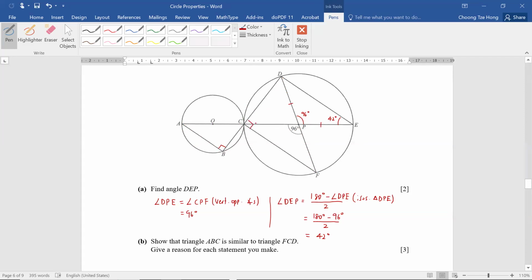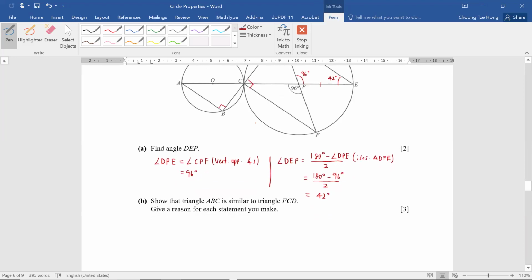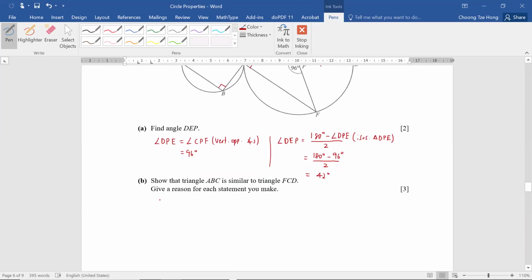We already have one pair of angles, so maybe we can write this down first. Angle ABC equals 90 degrees, because this is the right angle in the semicircle.